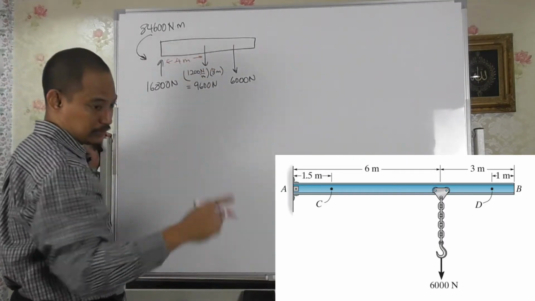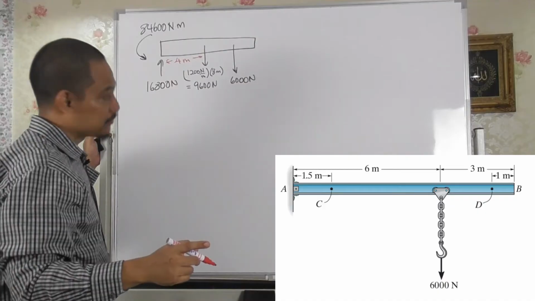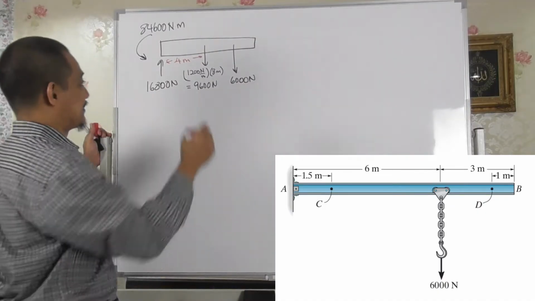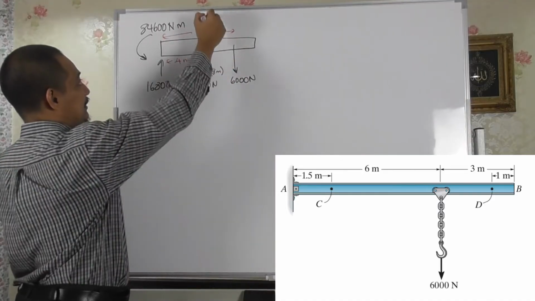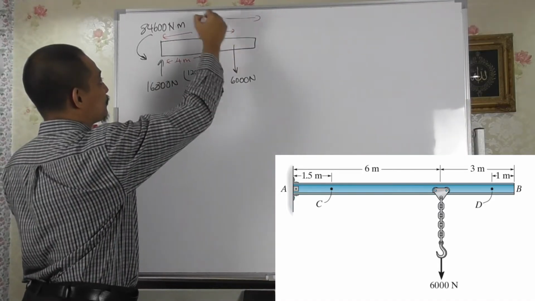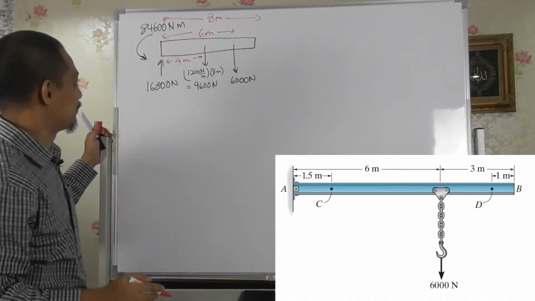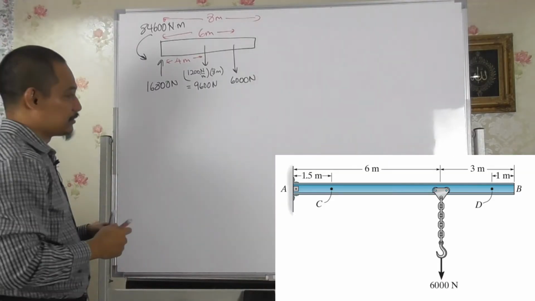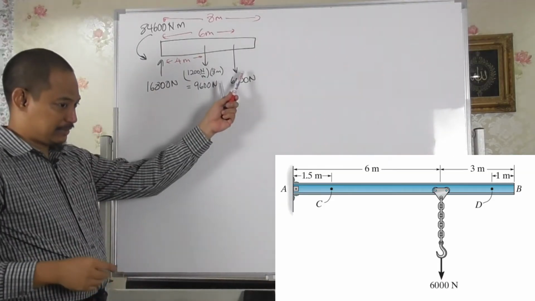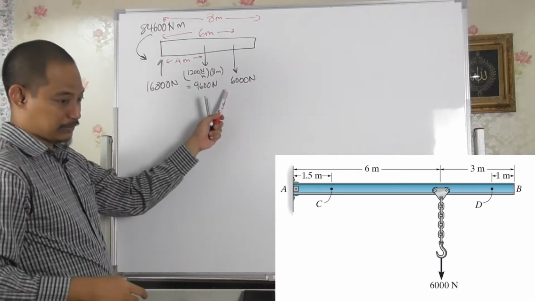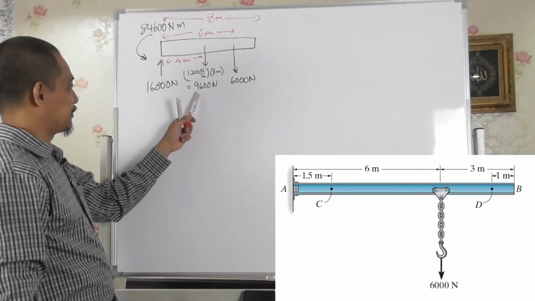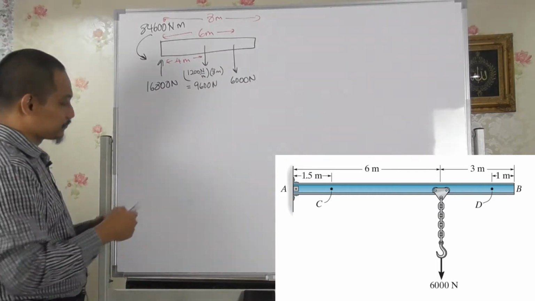Which is 6. Okay, the 8 is the whole thing. I almost made a mistake there, so be sure to double check, because the whole thing is 9 minus 1, so 8. This one is 6, this one is at the middle, which is 4. All right.